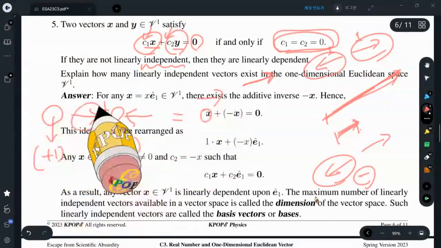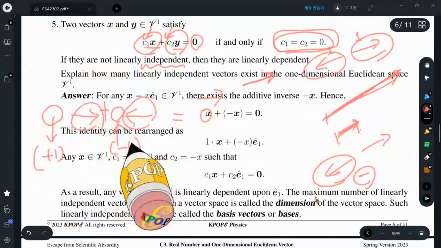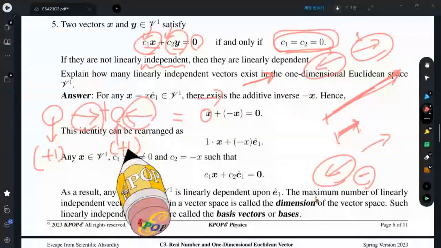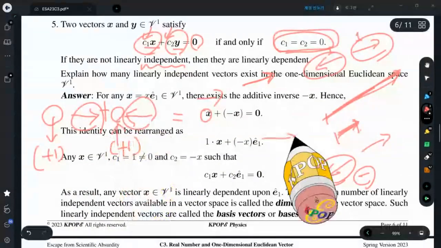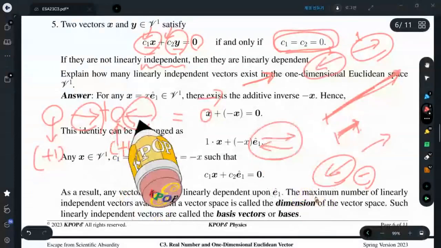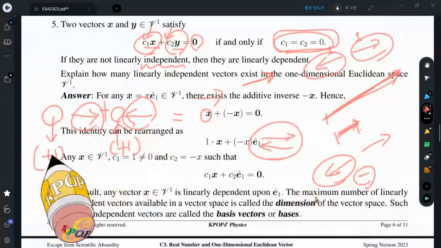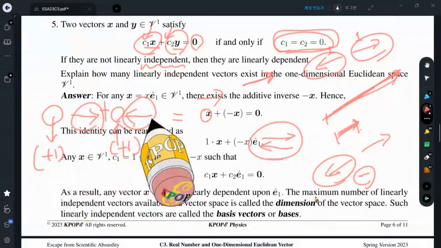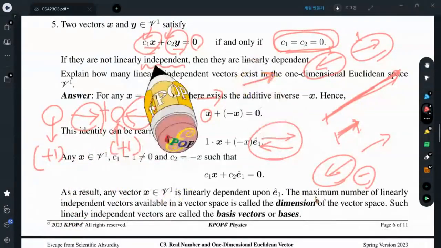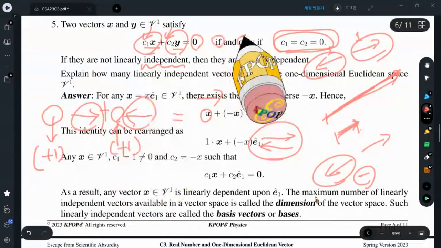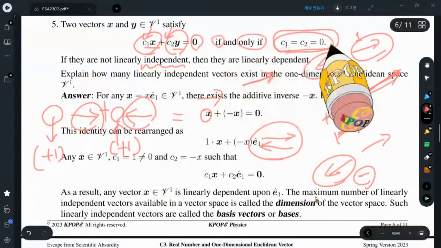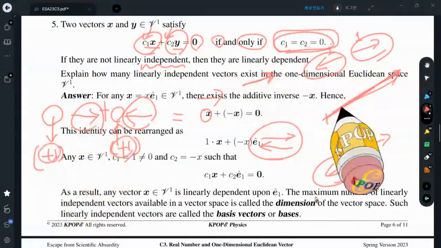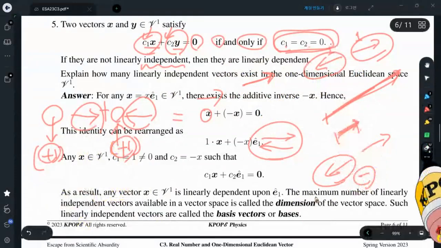They cancel. So the sum of this and this is always 0. Therefore, they are linearly dependent. They are linearly independent if and only if both coefficients must be 0. But both of them are non-zero. So in one dimension, there is only a single linearly independent vector.